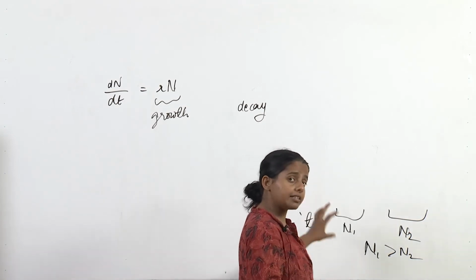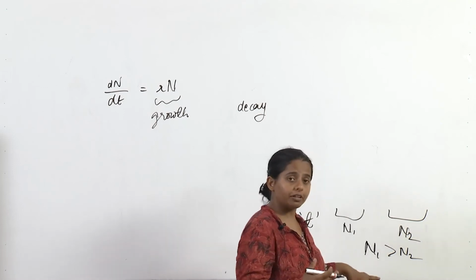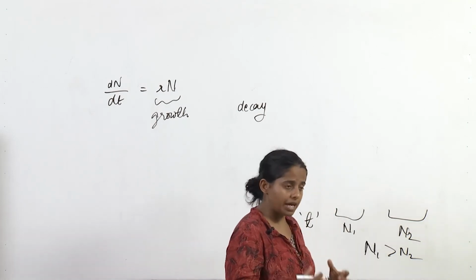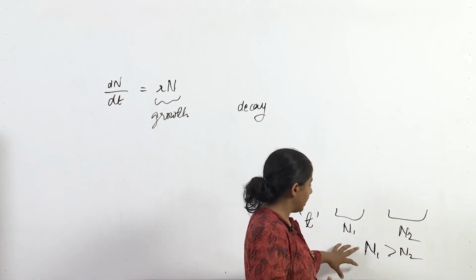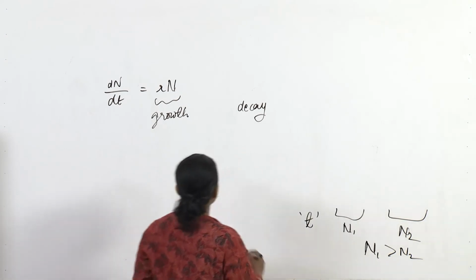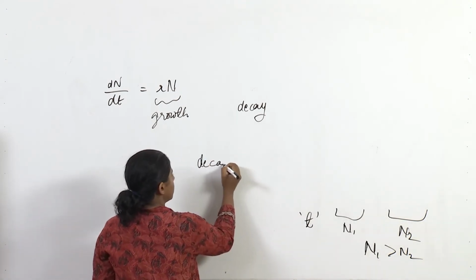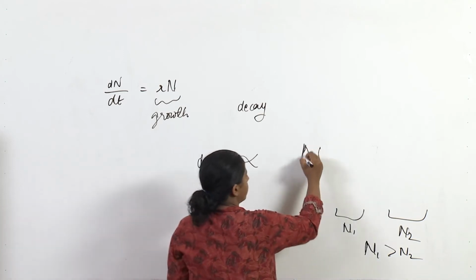If they have exactly the same resources but N1 is larger, intuitively we know that N1 will also face a higher decay in its microbial population, and this is actually what we have observed in the lab. So we do know that this decay term has to be proportional to the number of microbes present.